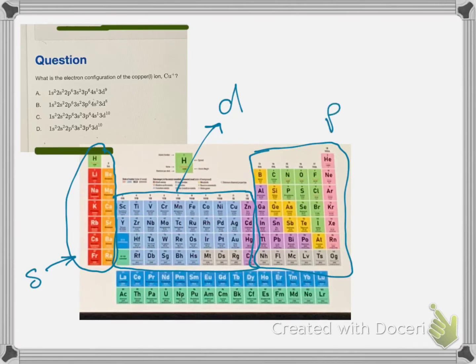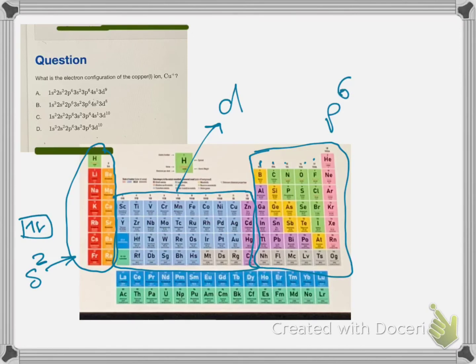Since the s block has a maximum of 2 electrons in one s orbital, the maximum is 2. P has 6 groups, which means 6 electrons, so the maximum should be p6.